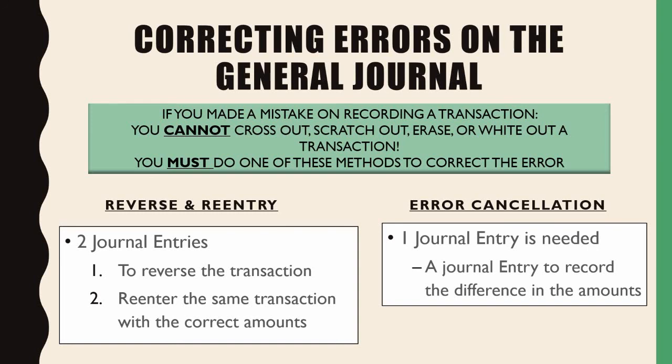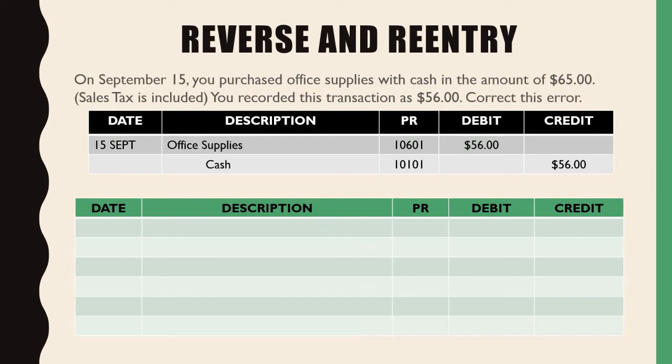Okay? So here, for example, on September 15th, you purchased office supplies with cash in the amount of $65. Sales tax is included. You recorded this transaction as $56.